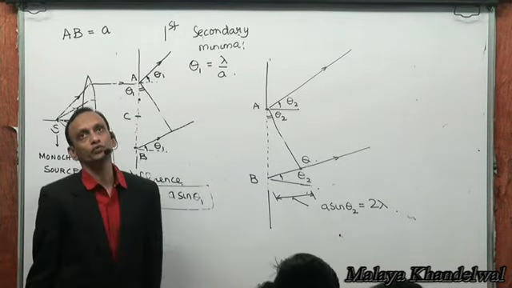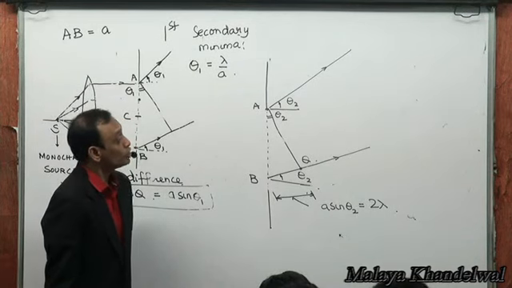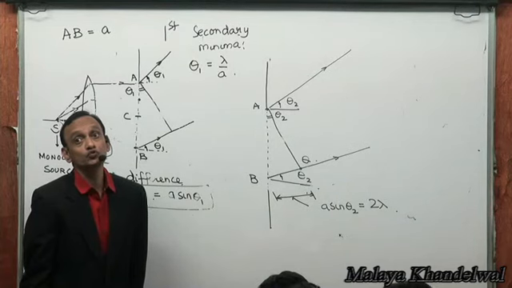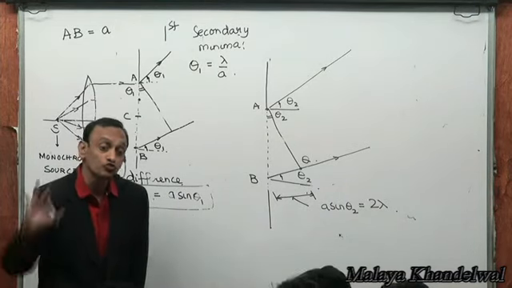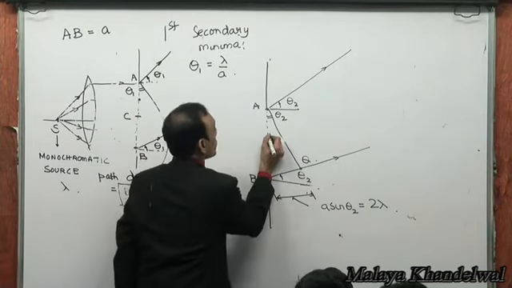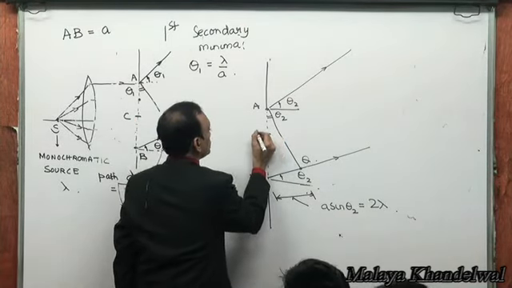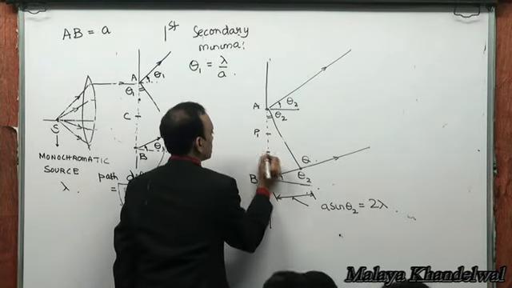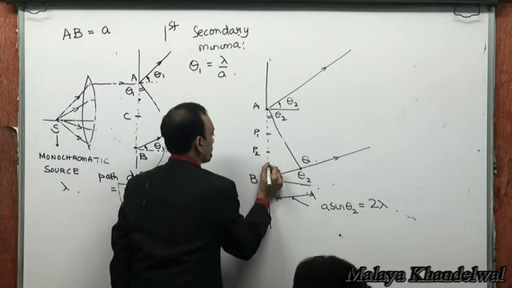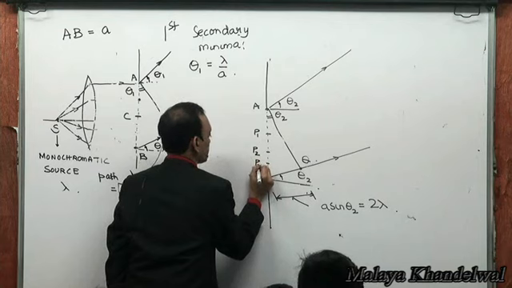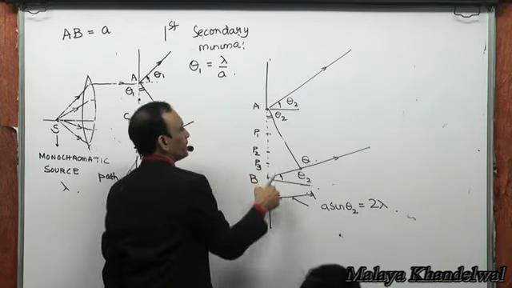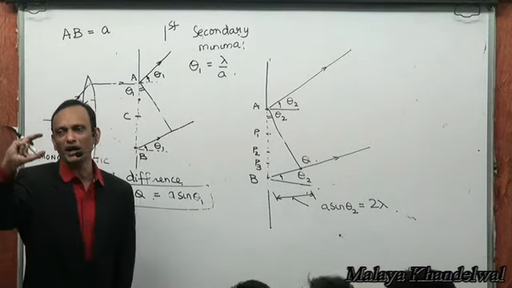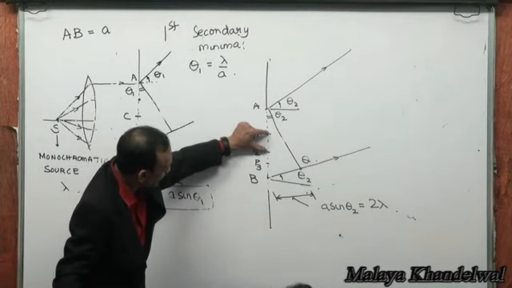Now this time, the region between A and B, which I earlier divided into 2 equal parts, I now divide into 4 equal parts. I select points P1, P2, P3, dividing AB into 4 equal parts: A by 4, A by 4, A by 4, A by 4.